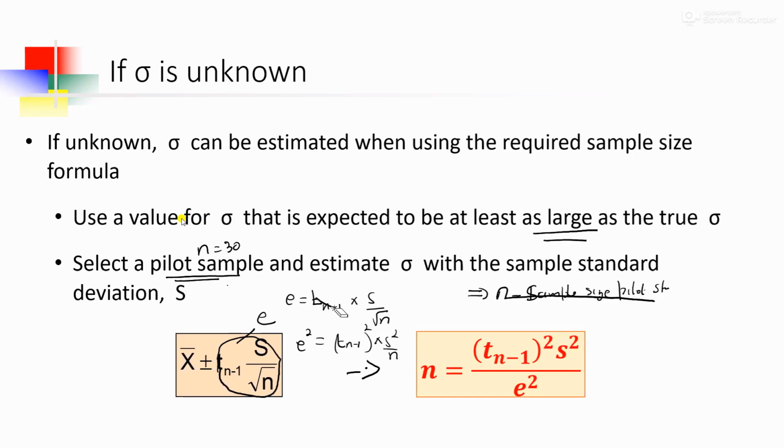Here we can use it, right? If it is estimated by S, then the corresponding Z you can use, or you can use n as the sample size for the pilot study. You take these degrees of freedom from the sample size of the pilot study.